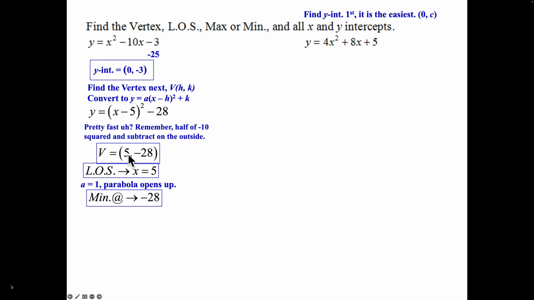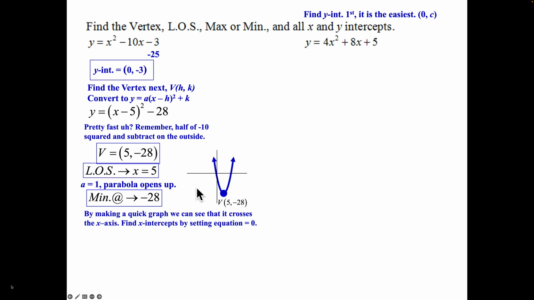So x equals 5, line of symmetry. Your y-coordinate, negative 28, becomes your minimum value for the graph. If you think about drawing a real quick picture, 5 to the right, down negative 28, I'm down here in quadrant 4, and it opens up. At some point in time, my graph has to cross the x-axis.